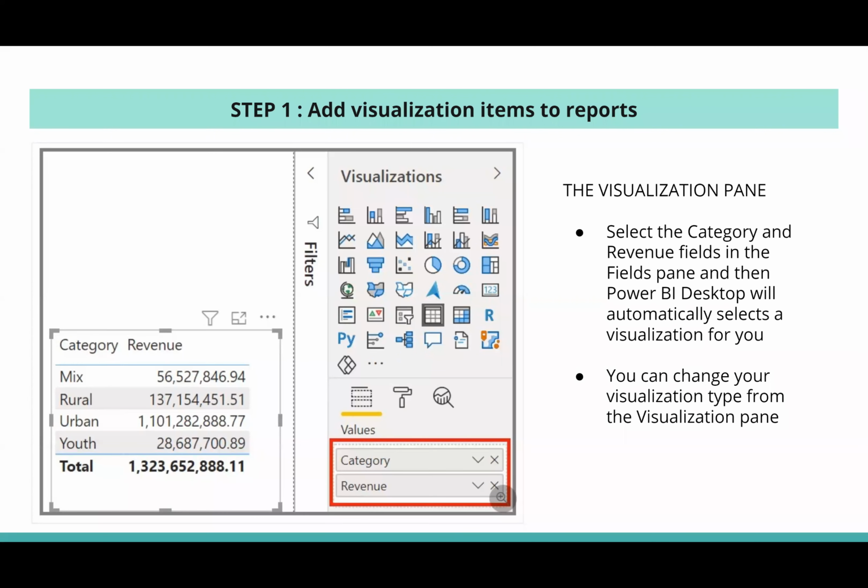The default visualizations in Power BI are tables and matrix. But before you choose the visualization items that you want, you have to choose the values, put the values that you have. And then the next slide.